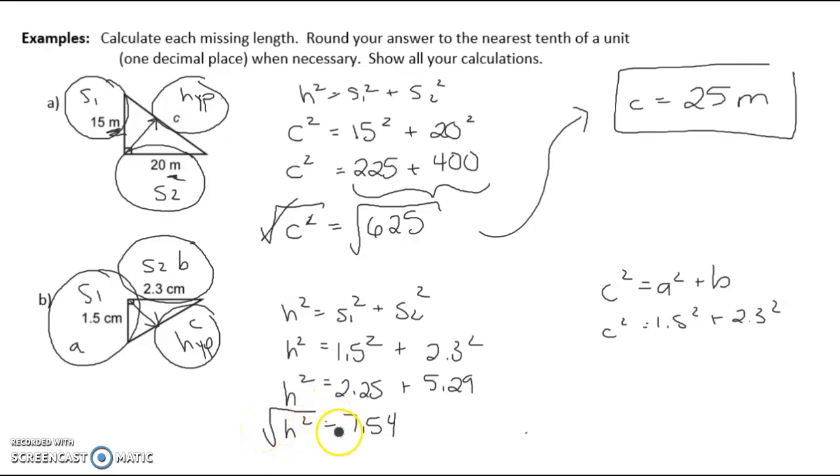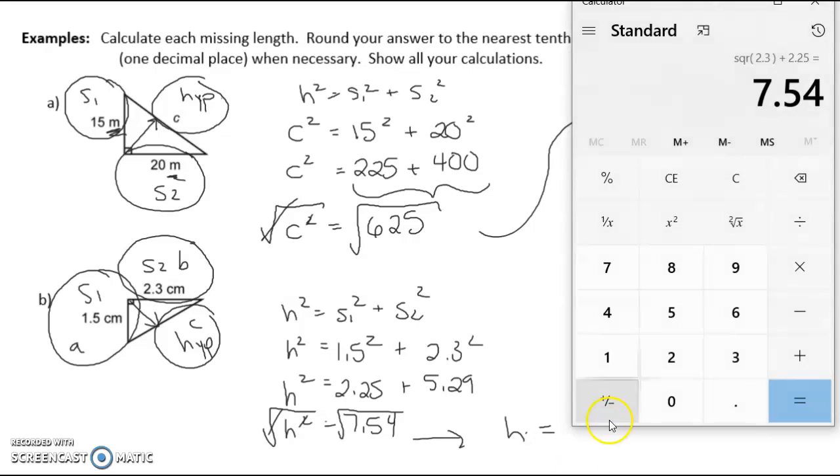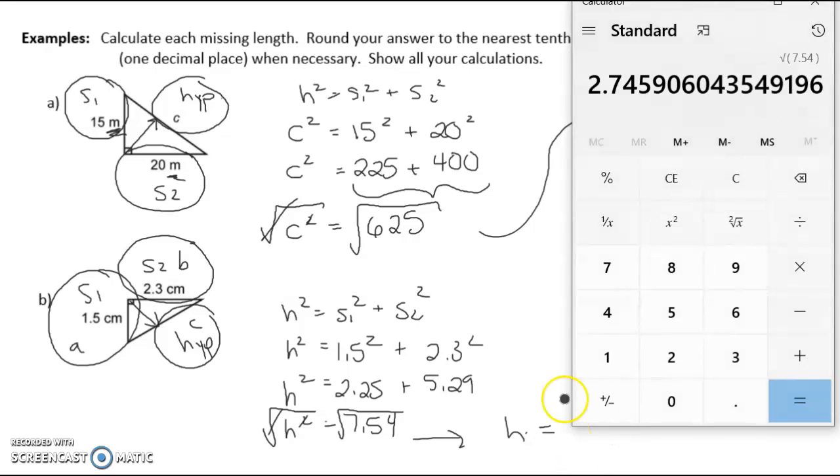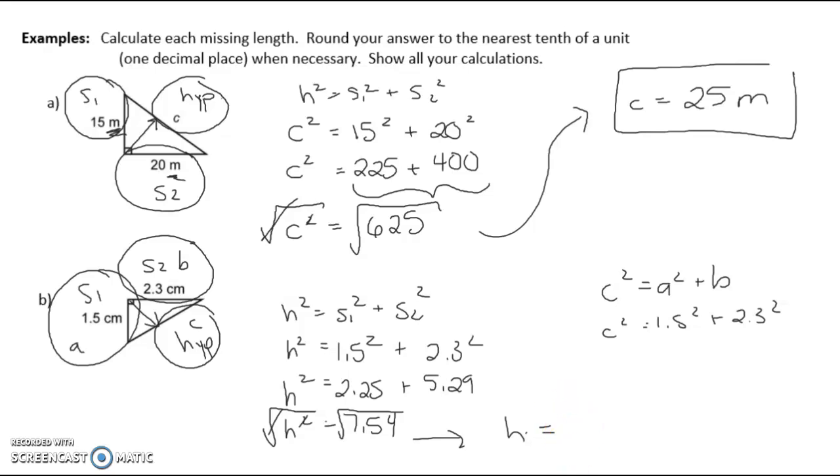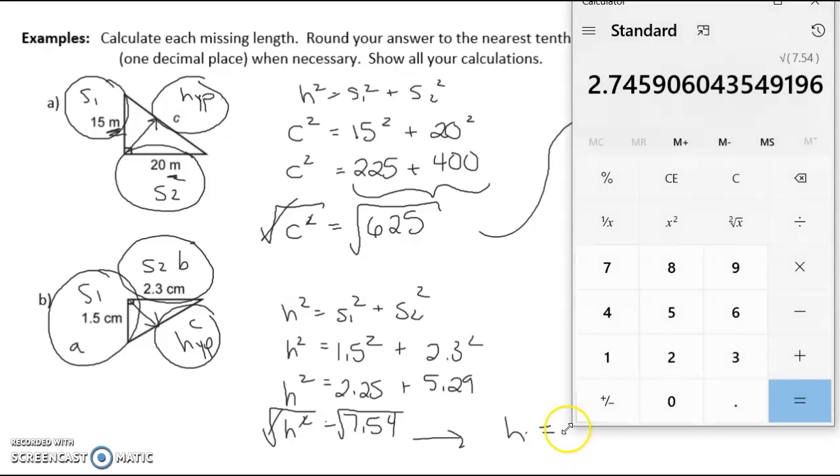So we take the square root of one side, means we have to take the square root of the other side. Square root and squared cancel, and you're left with h, so annoying. H equals the square root of 7.54, take the square root, and it's 2.74.